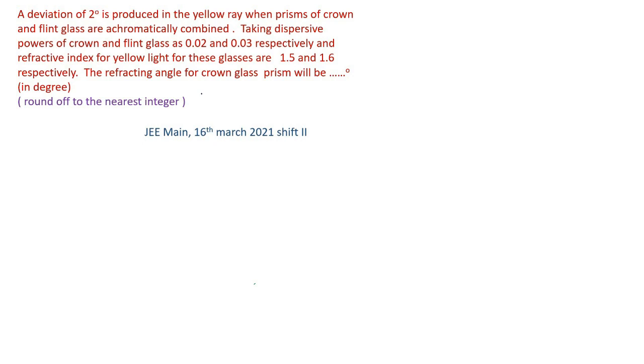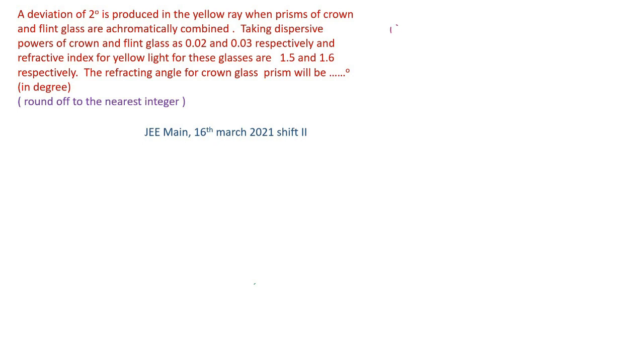Dispersion means white light is split into its component colors when it is passed through a prism. So in deviation, the direction changes; in dispersion, the white light splits into component colors. The angle of deviation is defined as the angle between the incident ray and the emergent ray.